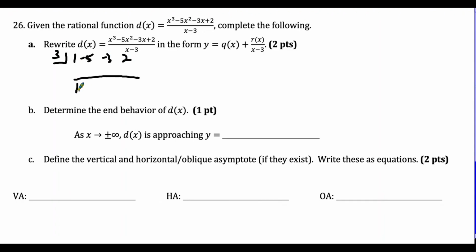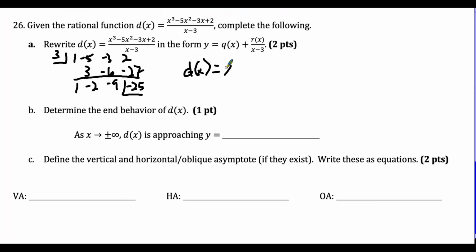Bring the first number straight down. Multiply, add, multiply, add, multiply, and add. And I get a remainder of negative 25. So what this means, writing my original function in this form, since I started with a third degree, these are now the coefficients on a second degree polynomial.